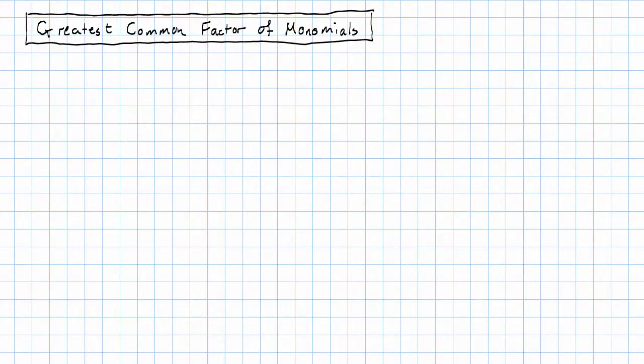Given a list of monomials, we will often want to find out their greatest common factor. That is, the common factor with the highest possible degree and the largest possible coefficient.